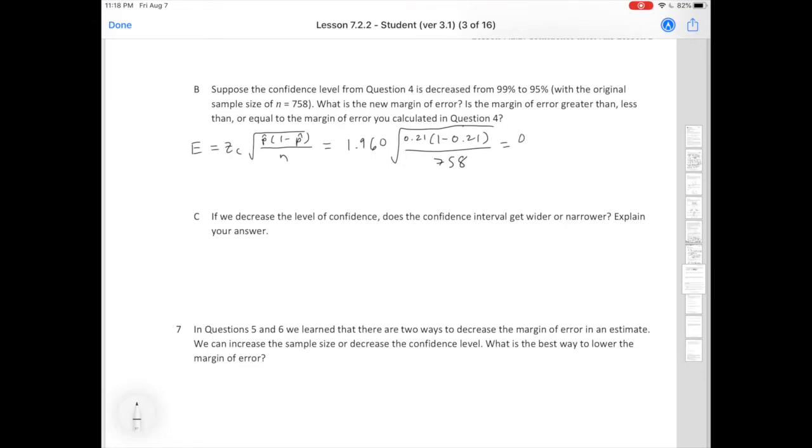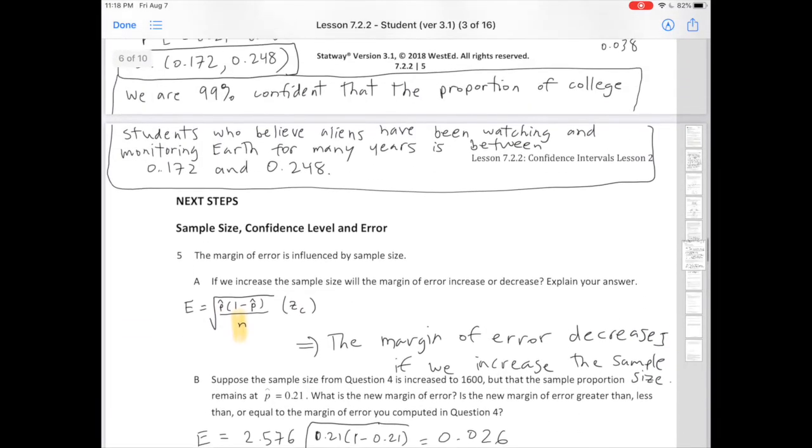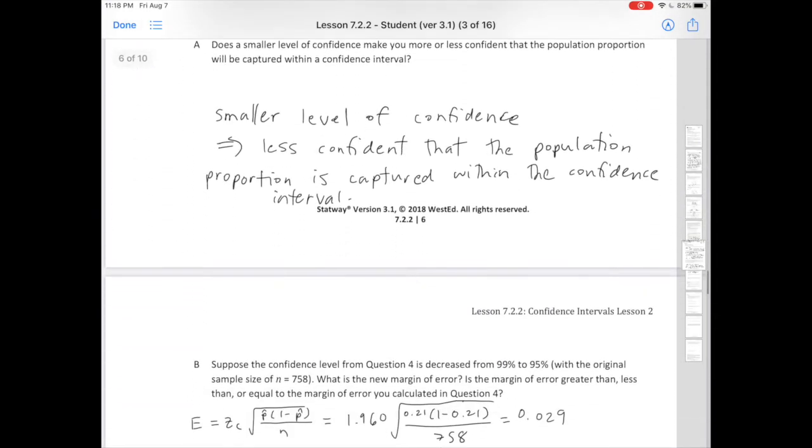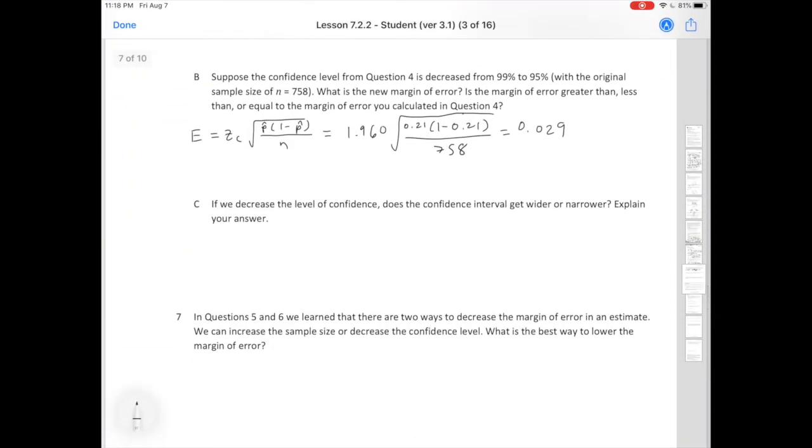So I got 0.029. So how does that compare to the old margin of error? Remember, the old margin of error was 0.038, so it still made it smaller, didn't it? The new margin of error is smaller.